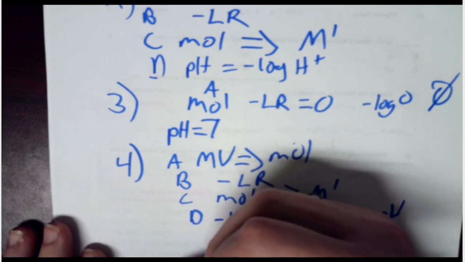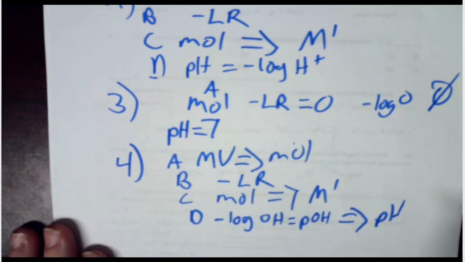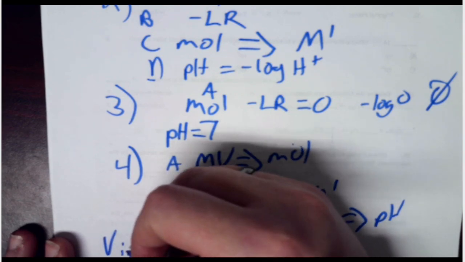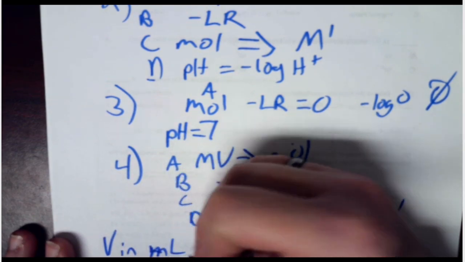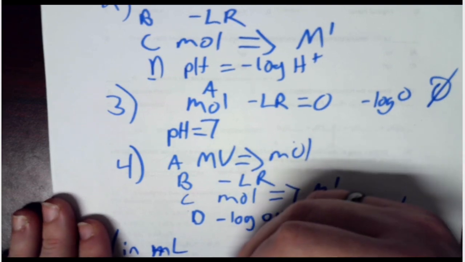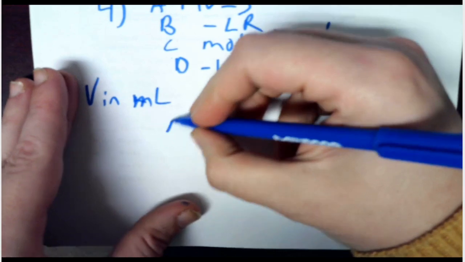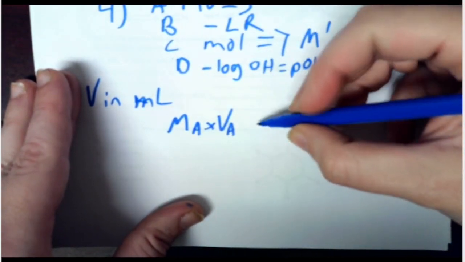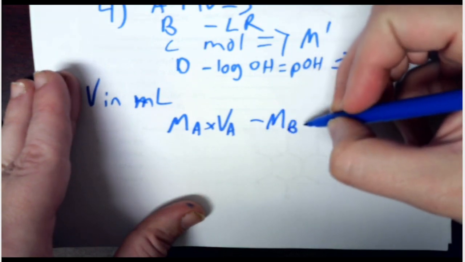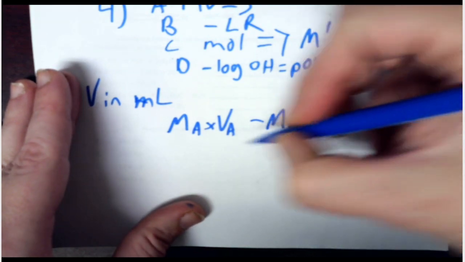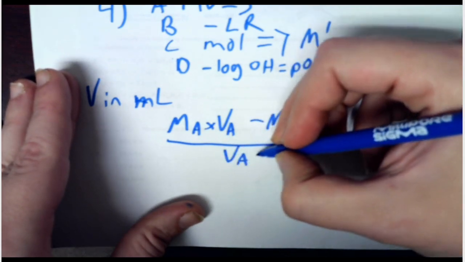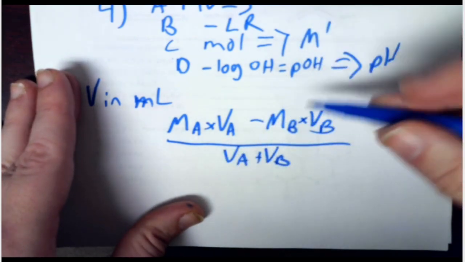And then for point 4, we're just repeating that again. You can write an equation that works out your ice table. As long as we leave volume in milliliters, you can write out a generic equation: molarity of acid times volume of acid minus molarity of base times volume of base, all divided by volume of acid plus volume of base.